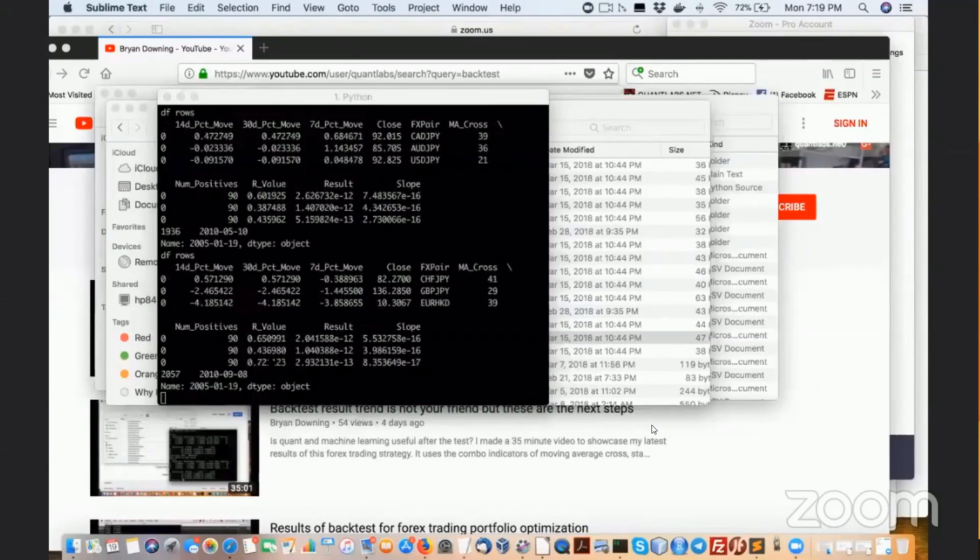But the idea here is I want to show you the likelihood of this back test giving a positive or a negative result on actual data. So I'm just going to let it complete. It'll take me up to last year at some point, I believe October, November. And then I'll show you the overall results.